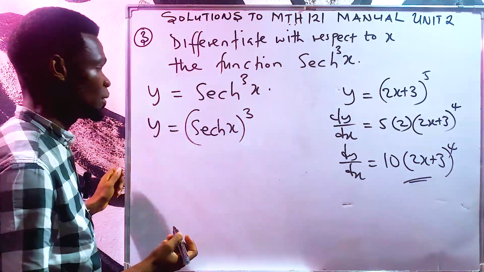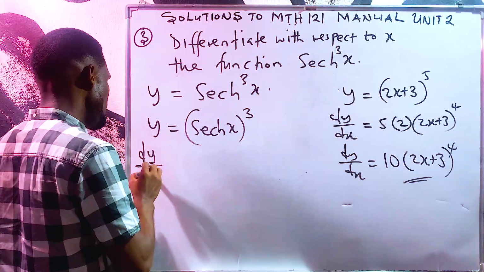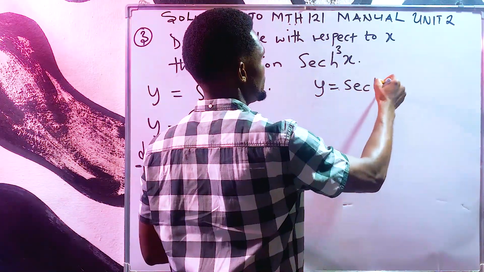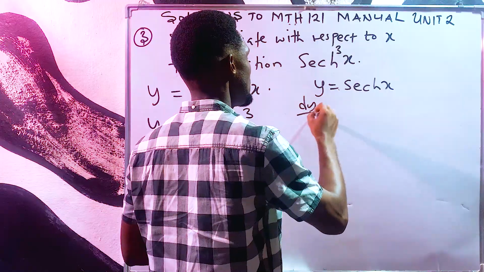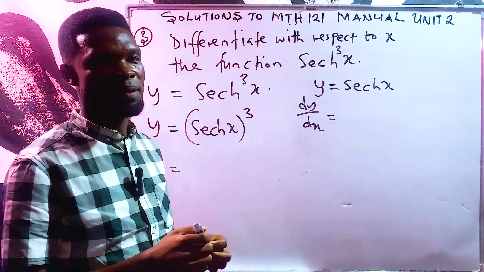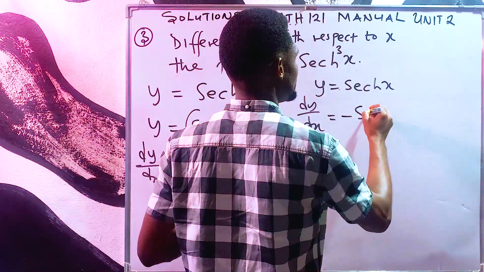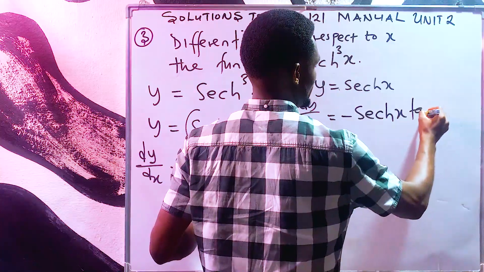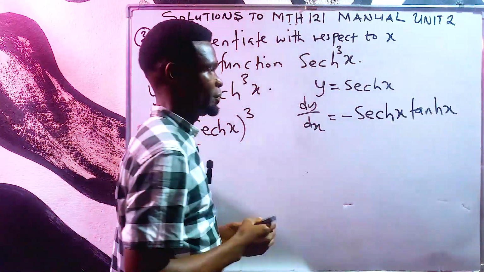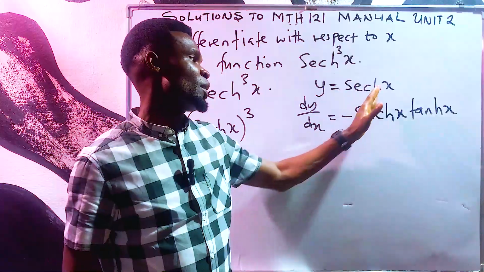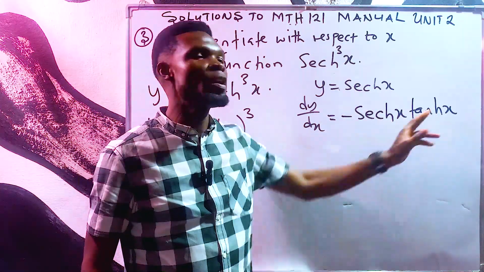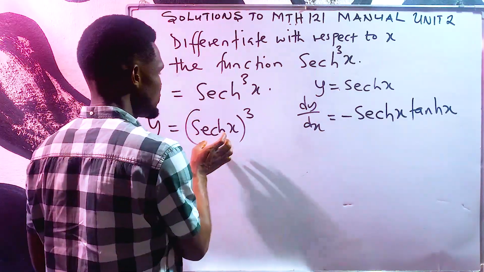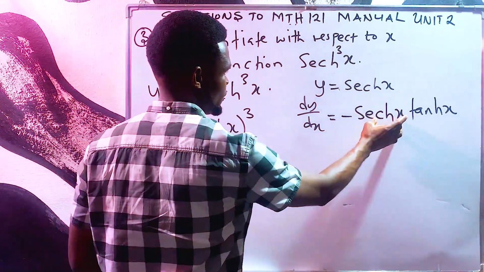So that means that dy over dx, where y is equals to sec x, then the derivative of sec x automatically is sec x times tan x. So meaning that if I am differentiating this, I must take note of this.